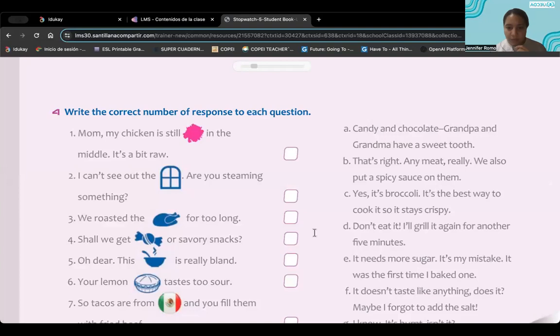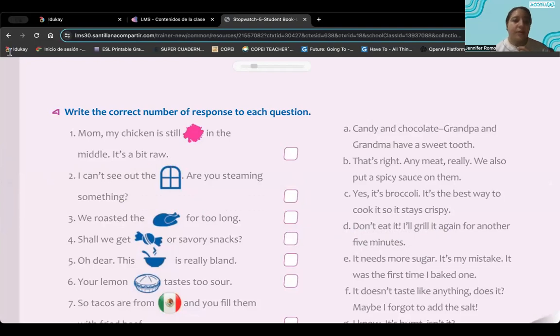A, B, C, D. Okay. Here, D. Number 1. Don't eat it, I'll grill it again for another 5 minutes. So that's the correct way.